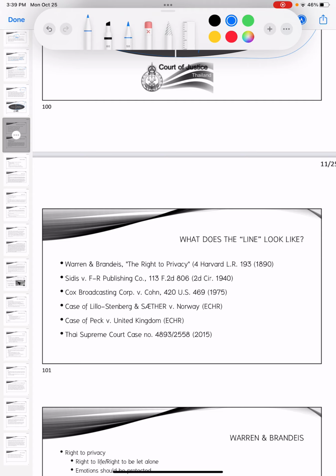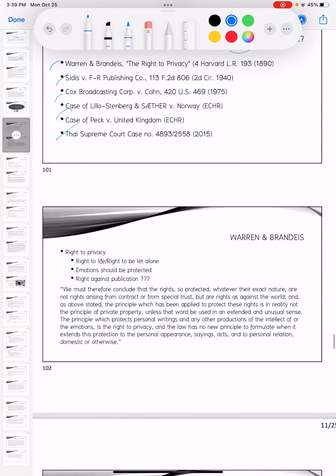For some cases I would skip and leave them to the group that is going to present that case, so I'm not going to mention that too much, to leave some room for the group presentation. So what does the line look like? These are some interesting cases.